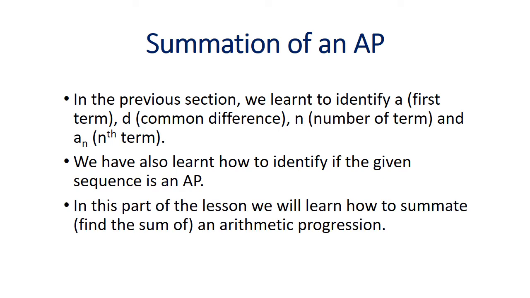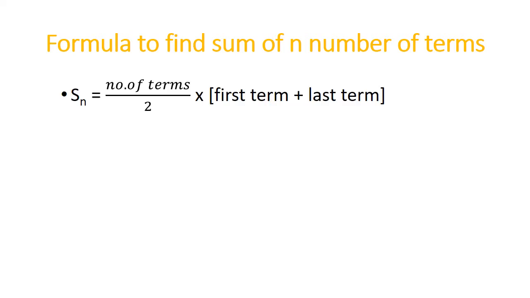In this part we'll learn how to summate, that is, find the sum of an arithmetic progression. First of all, let us discuss the formula. How do we represent summation of AP? Sn. Sn means sum of n terms.